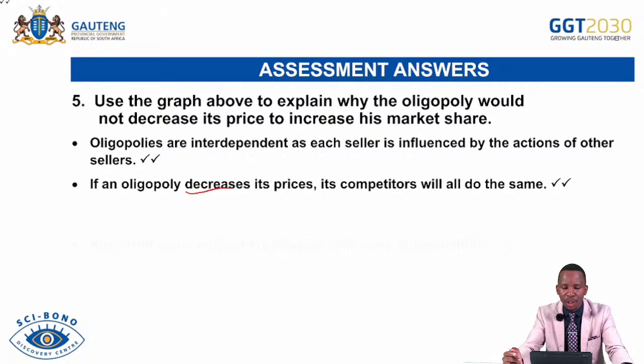Any profit gains will quickly disappear because of the competition, since firms are now all competing at the same price. This will cause the demand curve to be inelastic, because the reduction in the price will result in a smaller percentage change in the quantity demanded if all firms are selling at a similar price within the market.